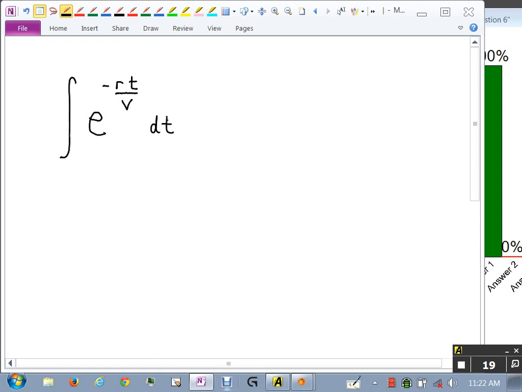So we will assume that in any problem given to us, the dt designates your variable and everything else is a constant. So this may as well be this integral right here. I could plug in anything I want for r. This may as well be negative 2 e to the negative 2t over 5. The r is some number I don't know. The v is some number I don't know.